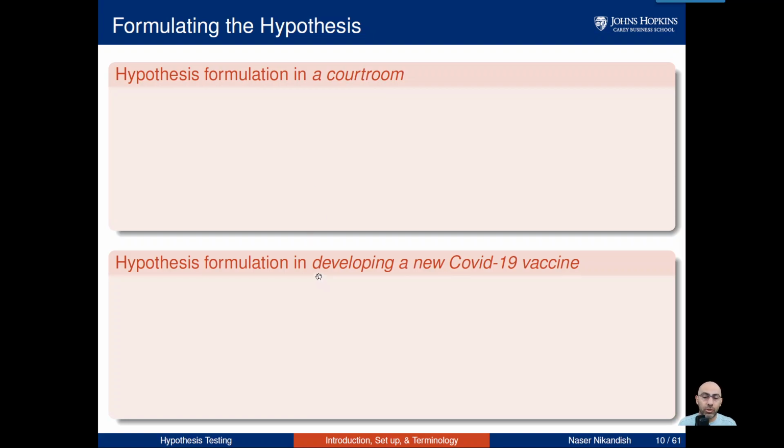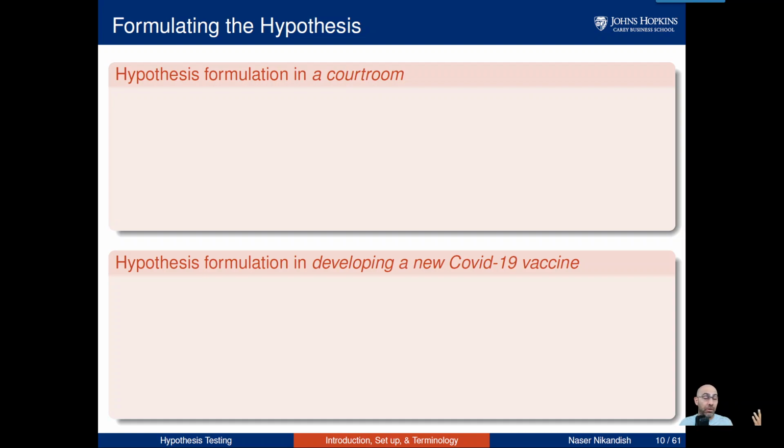I'm going to give you one more example and then move on with the rest of the material: developing a vaccine. If you are developing a vaccine for a disease that is possibly going to impact millions and millions of people, then you really want to make sure that this vaccine is effective. How are you going to do that? Well, H0 is going to be that the vaccine is not working.